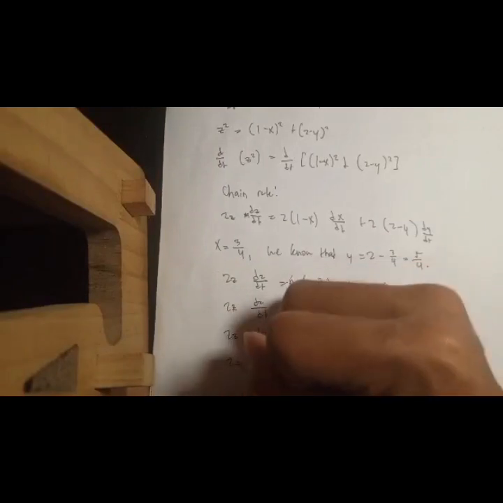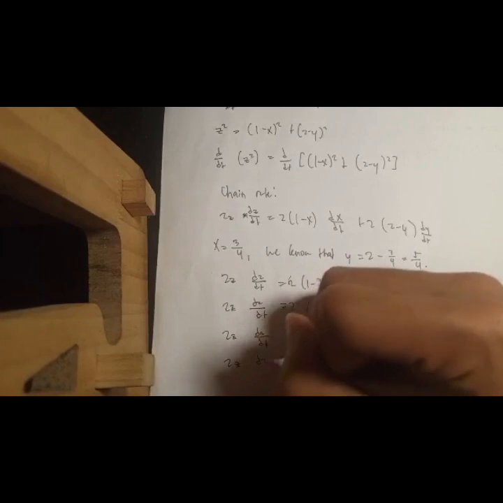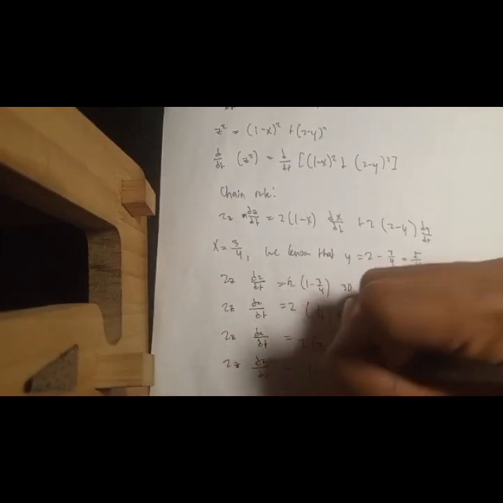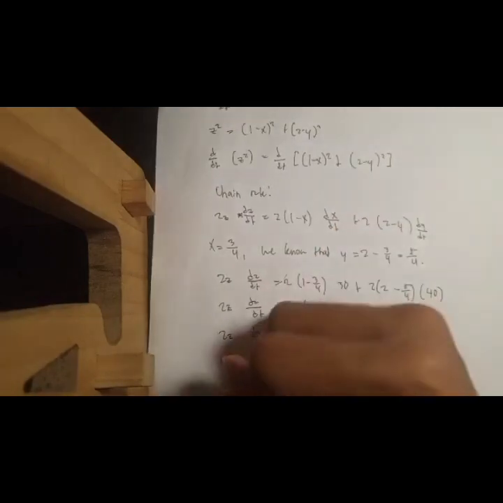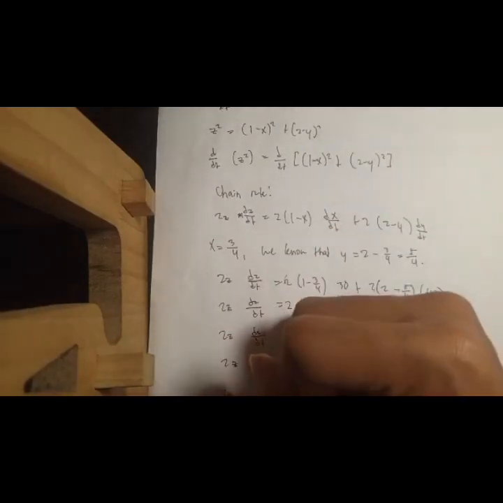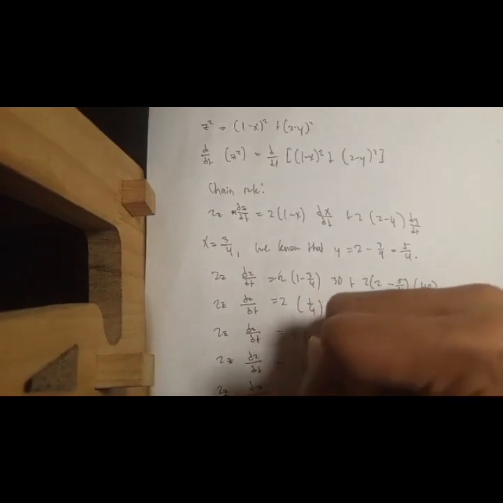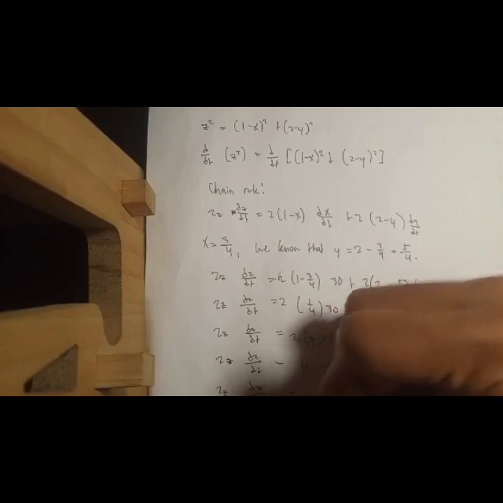So 2z dz over dt equals 15 minus 60. So 2z dz over dt is equal to negative 45.